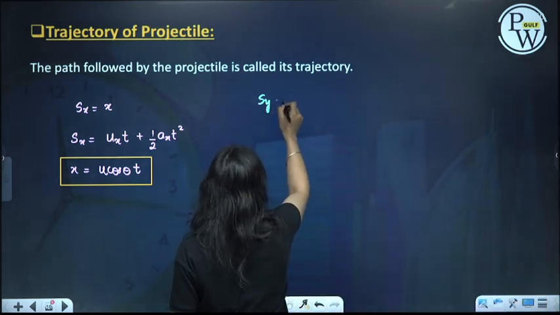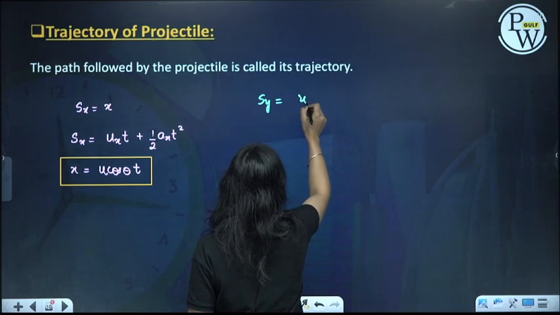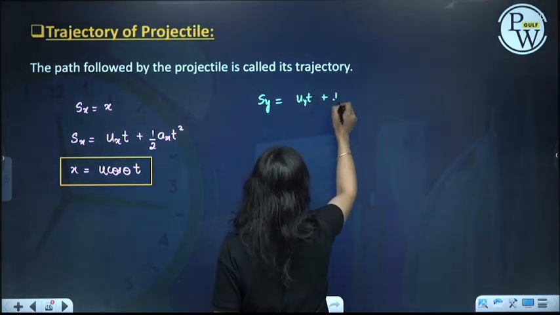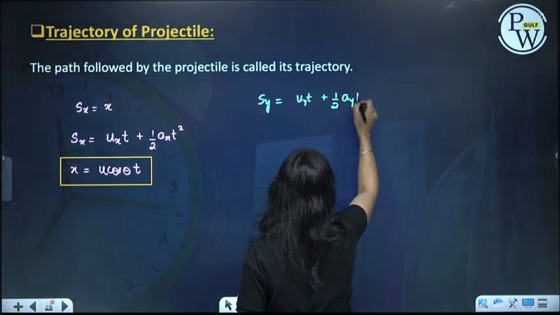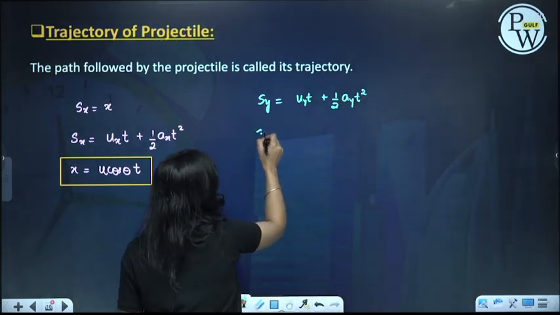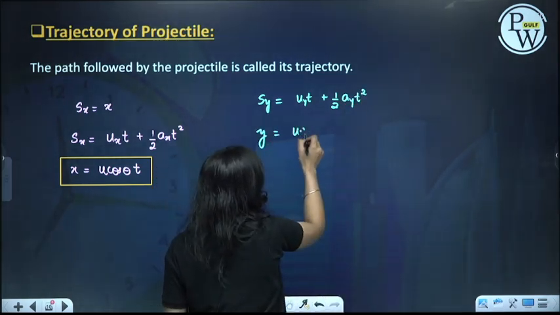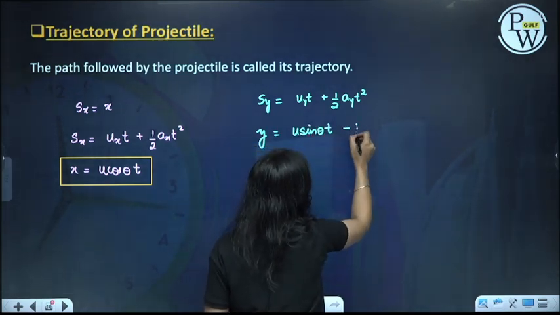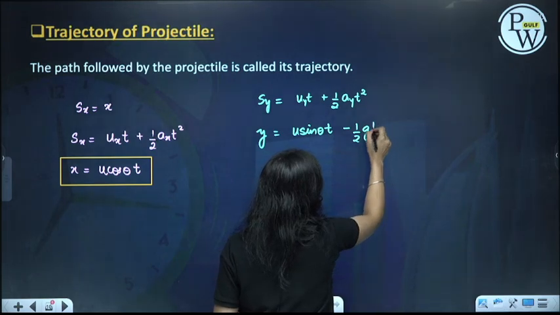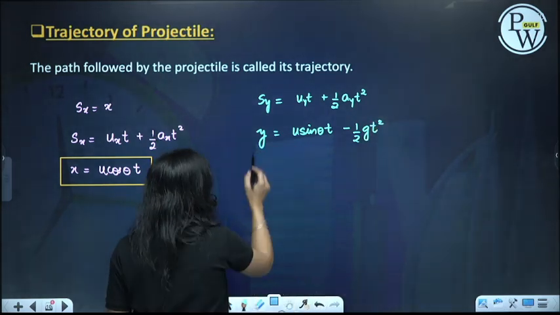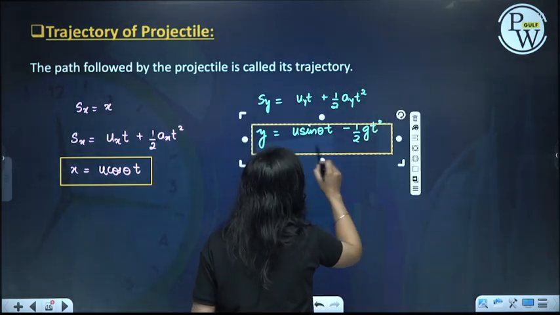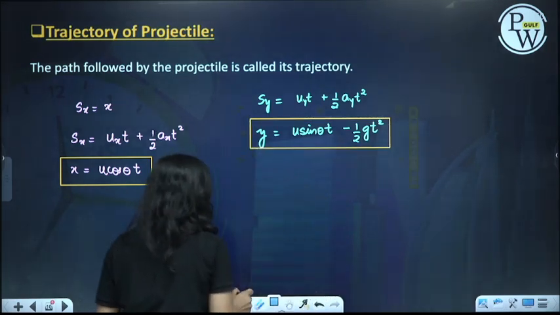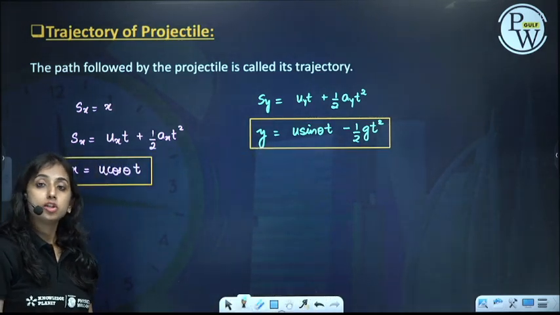Similarly, Sy is equal to uy into t plus half ay into t square. So Sy is y, uy is u sin theta, so y is u sin theta into t minus half g t square. This is the particle's position in y direction at any time t.